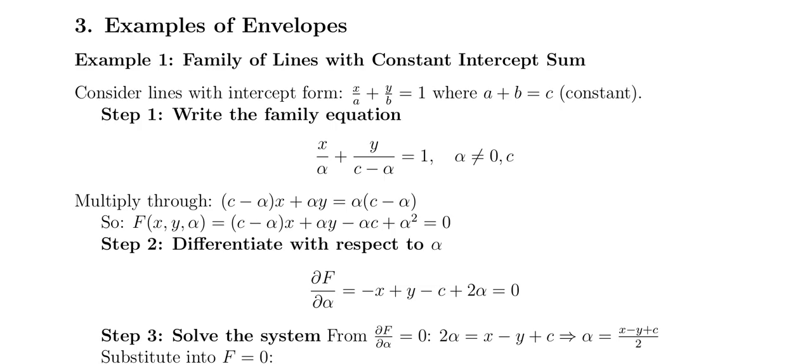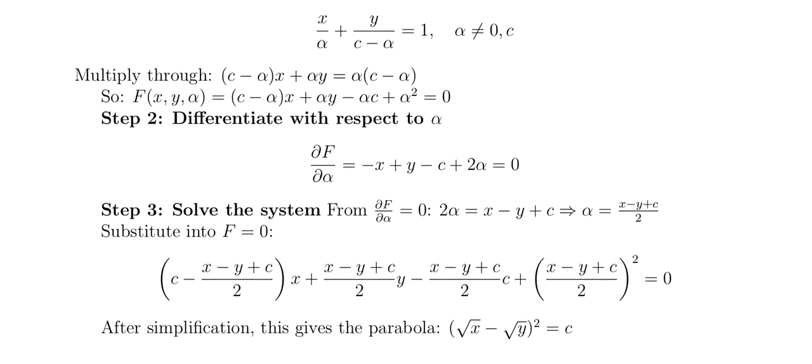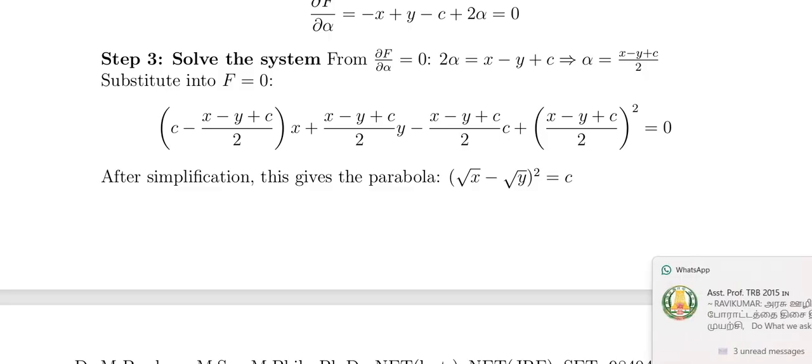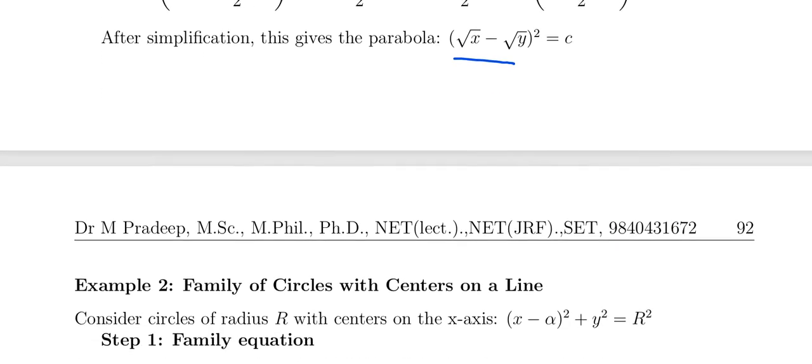So instead of b we can put c minus a, that is x by alpha. When you simplify it we get f of x comma y comma alpha. Differentiate this and equate to 0. Solving the two, you get alpha equal to something in terms of x and y. Back substituting that alpha and simplifying, the output is (root x minus root y) whole square equal to c. This is the envelope.